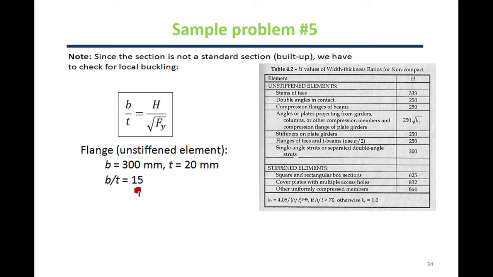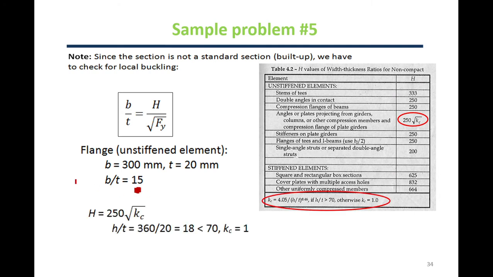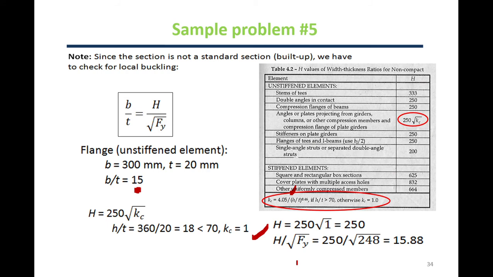To check, we have here the value of the KC. Check natin yan, ha? Okay, so makikita mo dyan, it's 250 square root of KC. Value ng KC ay ito yun, yung mahaba na yan. Or else, pag nakita mo yung value ng H over T natin ay mas malaki yung 70, ang gagamitin natin ay 1. Diba? Pero kung mas mataas yung H over T, ito gagamitin natin, yung KC na to. Okay, so 1 ang gagamitin natin. So we have here 15.88.